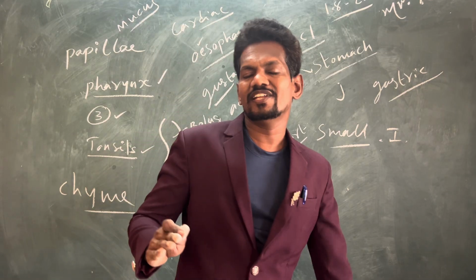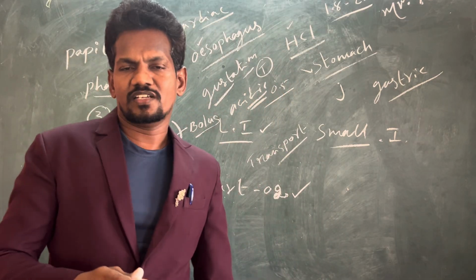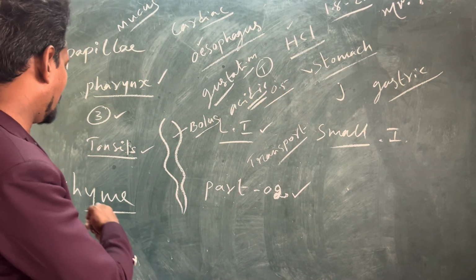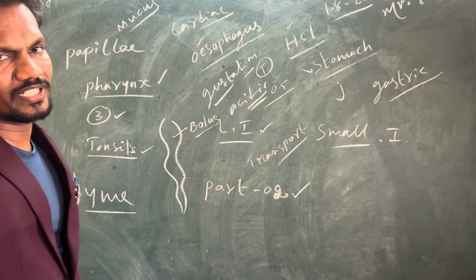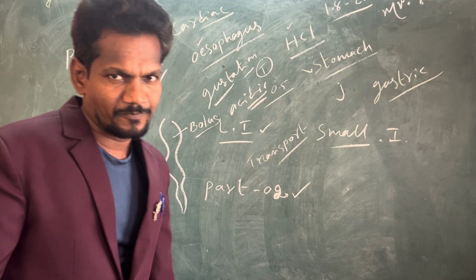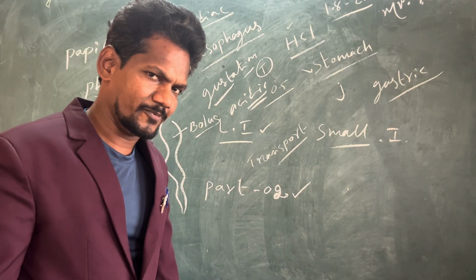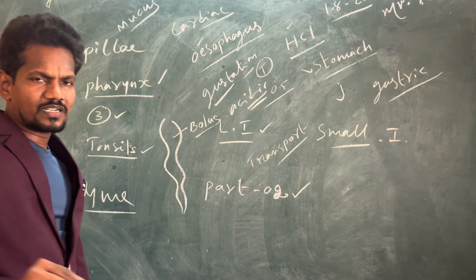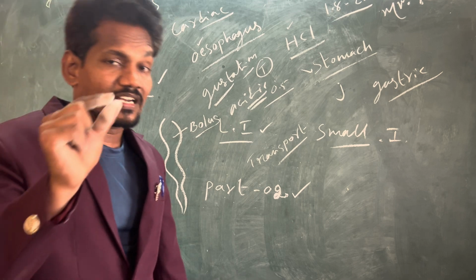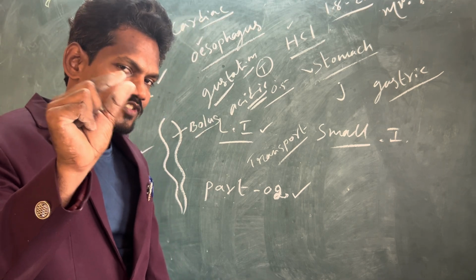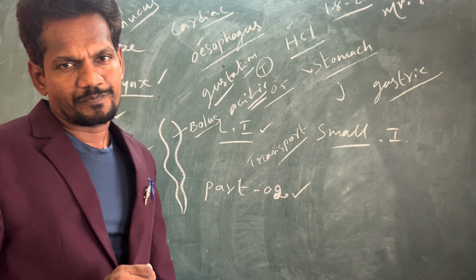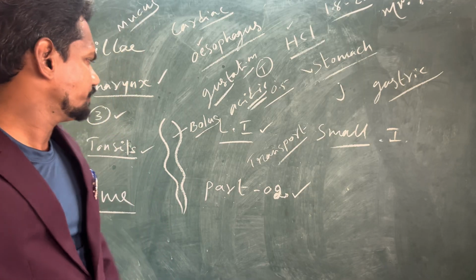Completely digested food in the small intestine is called chyle, but partially digested, acidic food in the stomach is called chyme. This chyme again enters the small intestine. The end of the stomach and the start of the small intestine are guarded by one more sphincter, a circular muscle.